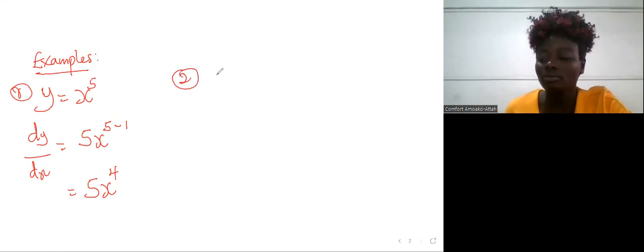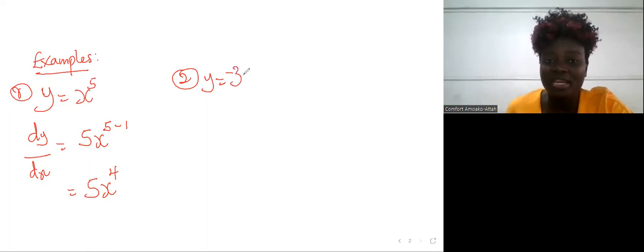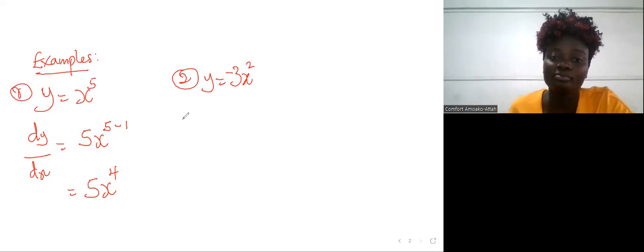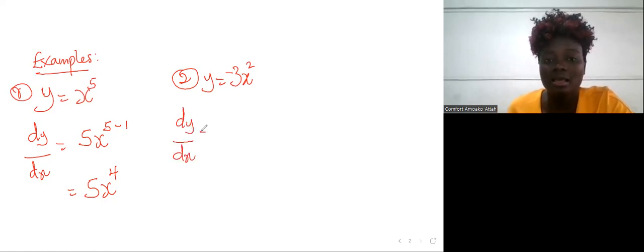Second example, we have y equals negative 3x squared. How do we find dy/dx using the general rule? dy/dx is equal to the exponent times the coefficient of x.